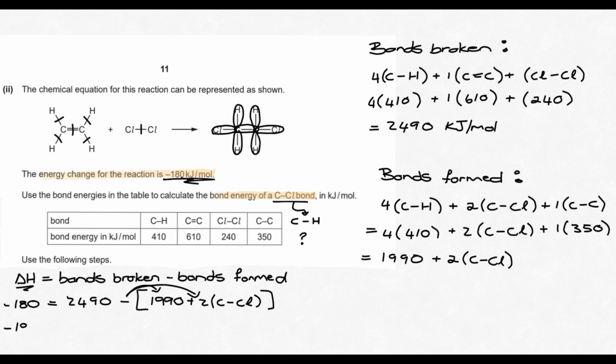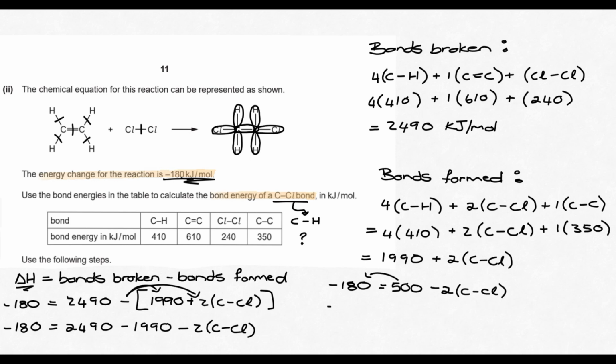So I'll get negative 180 is equal to 2,490 minus 1,990 minus my 2 carbon-chlorine bonds. I can then minus my 1,990 from my 2,490, and this will give me negative 180 is equal to 500 minus my 2 carbon-chlorine bonds, and then I can take over my 500, and this will become negative 180 minus 500 is equal to negative 2 carbon-chlorine bonds.